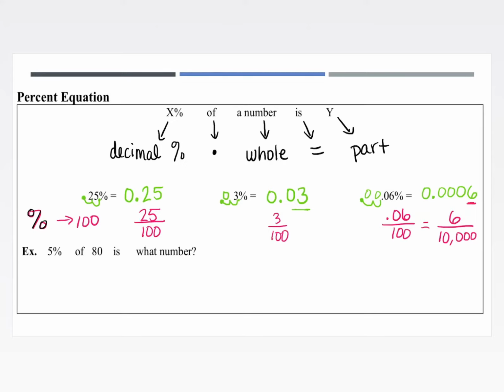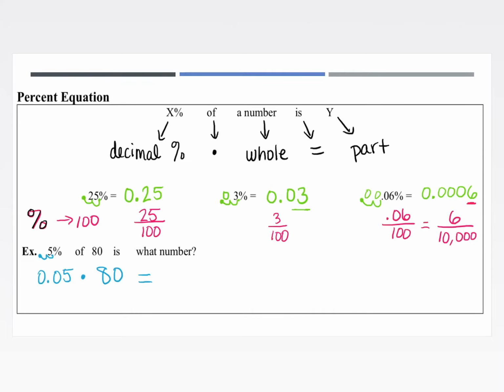Okay. Now let's deal with some decoding in an example. 5% of 80 is what number? So 5%, we need to convert this to a decimal. So we're going to go to the left. This will give us 0.05. We know of is multiplication. Then we have 80, which is given.